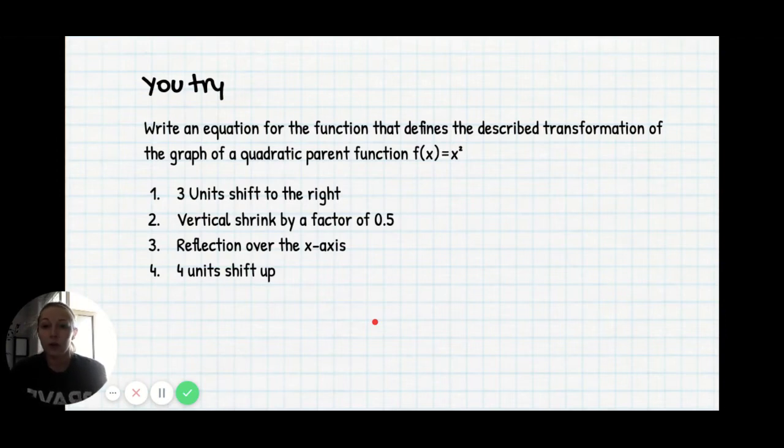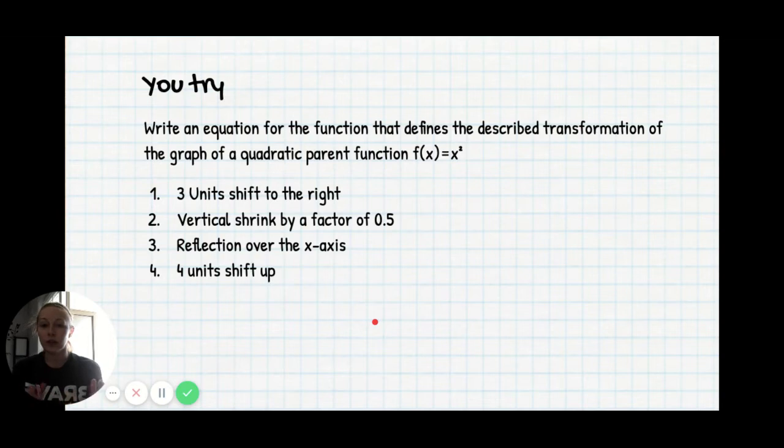So we're going to do what I just did a moment ago, my first example. I want you to write an equation for the function that defines the described transformation of the graph of a quadratic parent function. So the quadratic parent function is f of x equals x squared. The first thing I need you to do, you're going to shift 3 units to the right. So think, do I need to do plus or minus?